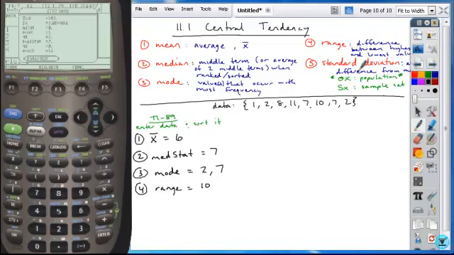And then finally, the standard deviation. Now, on this particular calculator, the older operating system, it's not giving you the standard deviation of the population. It's only giving you the standard deviation of the sample, which is this uppercase S of x, or S and then x. And we don't want that value.